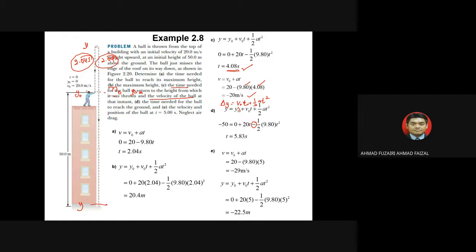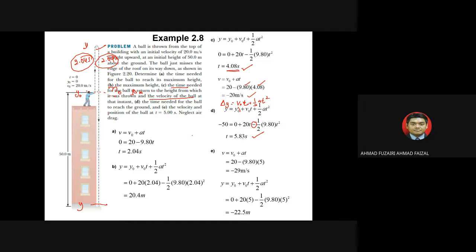Timing 2.04 dia reach the maximum height. Timing 4.08 dia baru sampai sini. Timing yang baru which is D, ni kita nak calculate ni, dapatlah 5.83. So it took about 5.83 seconds for the ball, okay, after it reached the hands of the thrower tu, okay, orang yang baling tu, dan jatuh 5.83 seconds after it was thrown.